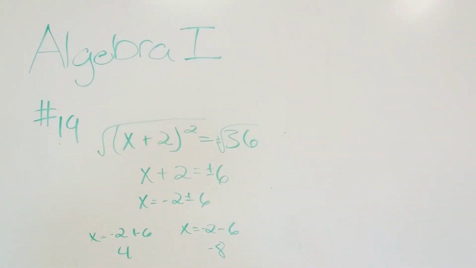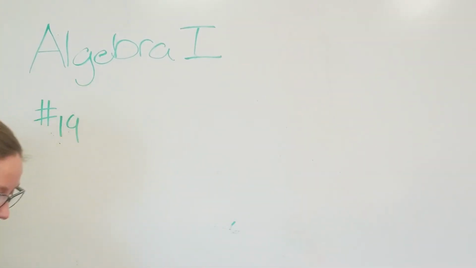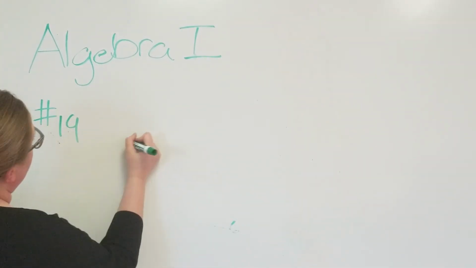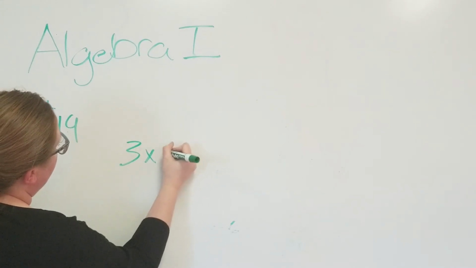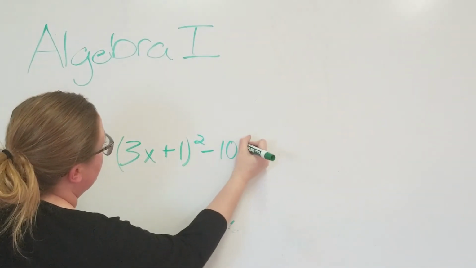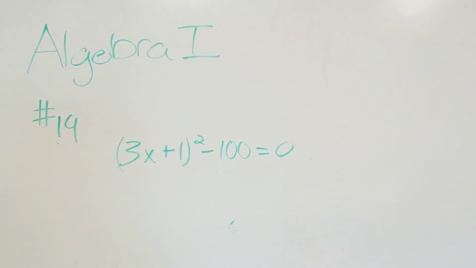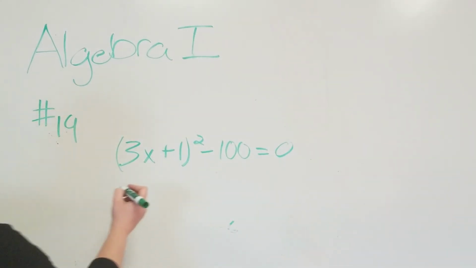They want you to do the exact same thing on number 20, but they start with it looking like this: 3x plus 1, squared, minus 100 equals 0. So what you need to do is move the 100 to the other side, and then the same thing. You're going to square root both sides.